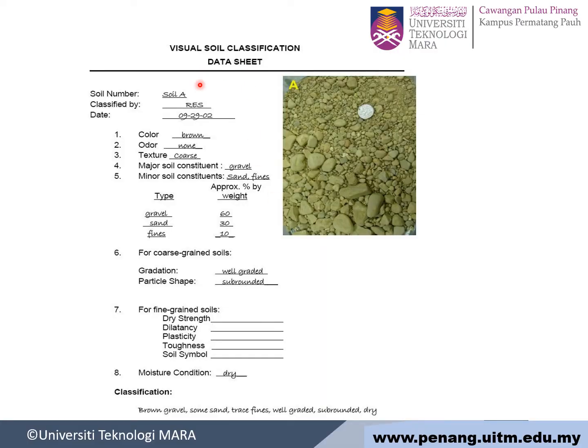Alright, this one is an example of visual soil classification. Okay, if you see here the color, we can see the color by naked eyes. Brown color, no odor, texture is coarse. Major soil constituent is gravel, minor is sand and fines, and then you have to measure and weigh the soil: gravel, sand and fines. Then you have to determine the gradation as well graded, particle shape as sub-rounded, and then find the moisture condition, whether it is moist or dry.